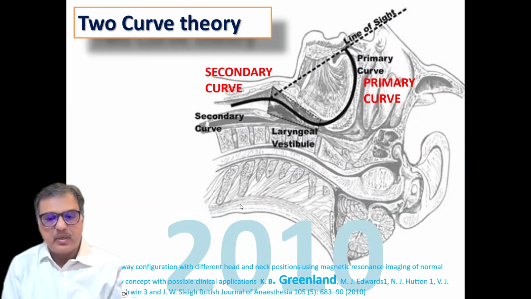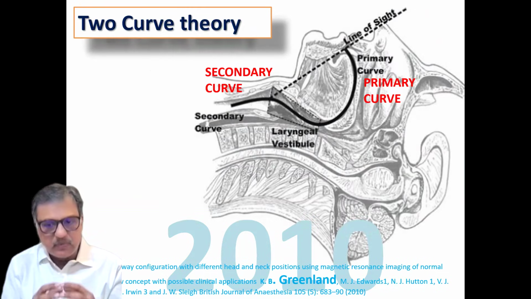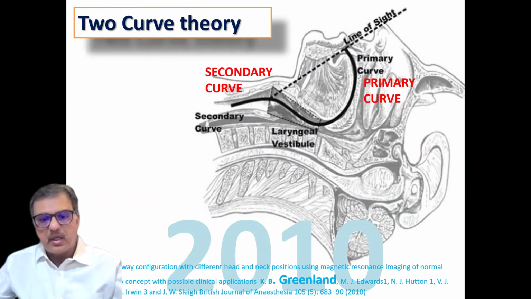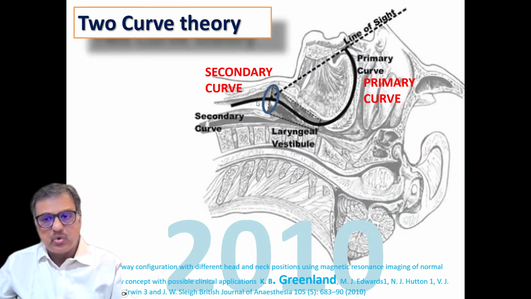videolaryngoscopy, the two curve theory that has been given by Dr. Greenland. According to this theory, there are two curves of the upper airway. The primary curve is the oropharyngeal laryngeal curve, and the secondary curve is the pharyngeal laryngeal tracheal curve. And this is the larynx, that is our target. So the primary curve and secondary curve are joined by a straight line, as we discussed in the curvy mountain road.